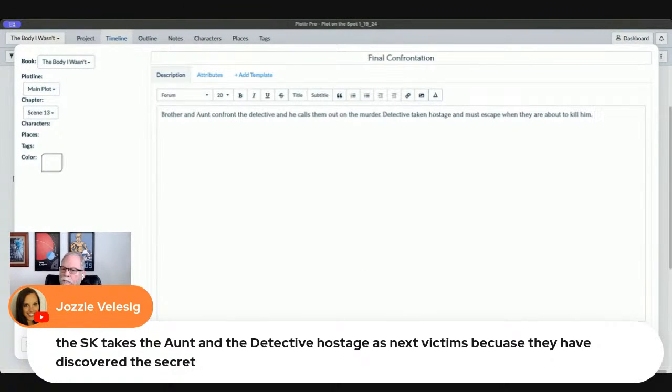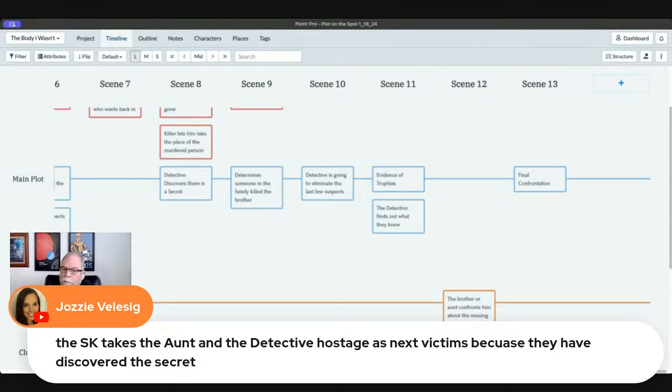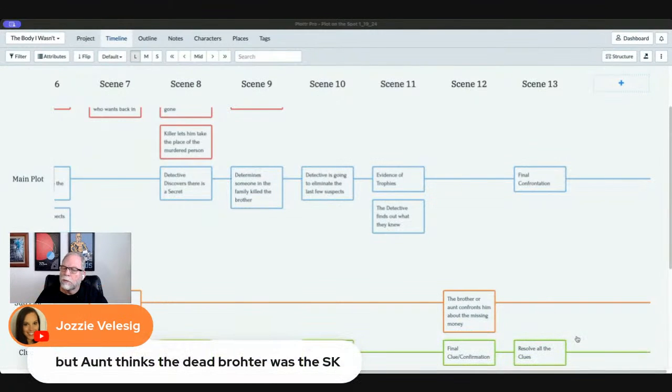So we have to come up with a clever plan for him to escape, which may be part of your things along the way. But Anne thinks the dead brother was the serial killer. Oh, that could be too, that she was in on it, but she thinks he was the serial killer.